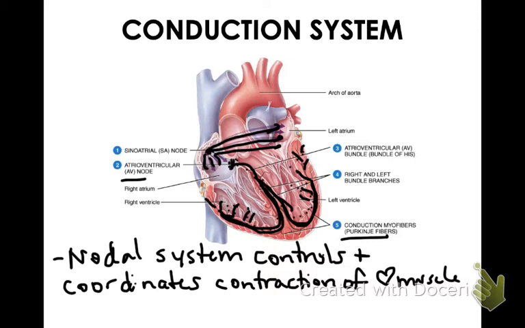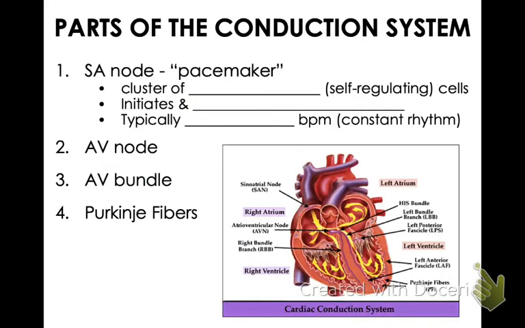And that just spreads the message for that entire heart then to contract. So just one more review, the parts of the conduction system. The SA, remember, stands for sinoatrial node. That's what they call the pacemaker of the heart. If it's not working, then your heart doesn't beat properly, and you might have to have an artificial pacemaker put in, and that would be a separate area.